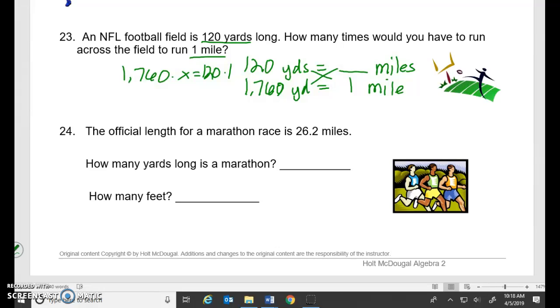Okay? Now I'm going to draw my line so I can solve it. So I have 1,760x equals 120. Divide it. Well, we're going to find out. 1,760 divided by 1,760.